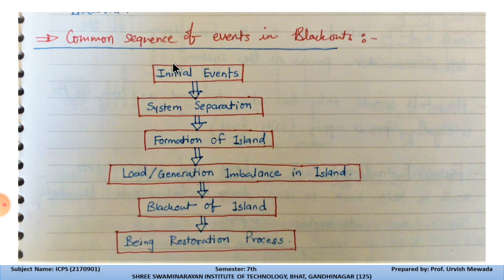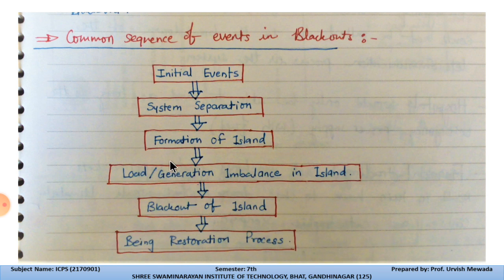Any event occurs, like the causes of cascade tripping I explained: over stress, over current, heating of the conductor. So this is the initial event. Now due to that initial event, the system will get separated, so system separation. And then that system is separated from the interconnected power system, so it is called the formation of an island, because it is isolated from the grid.